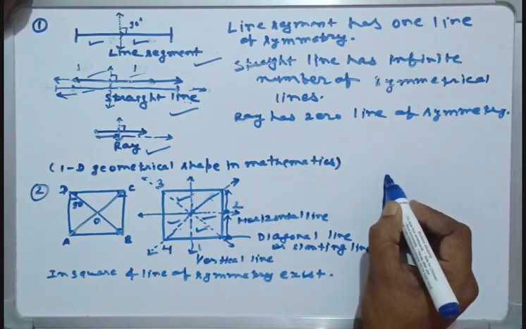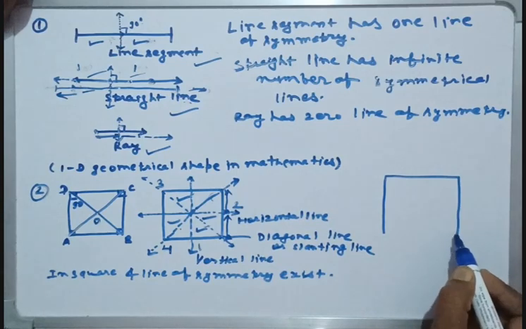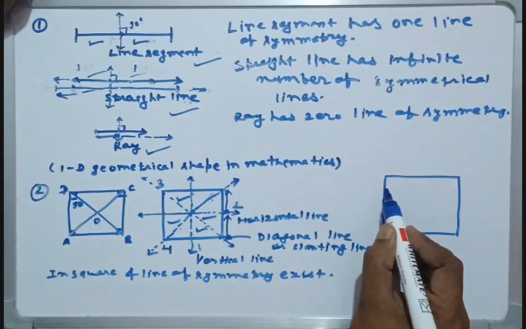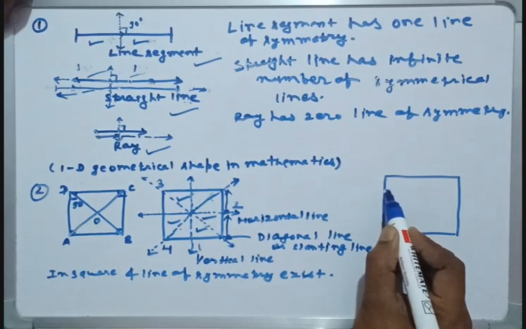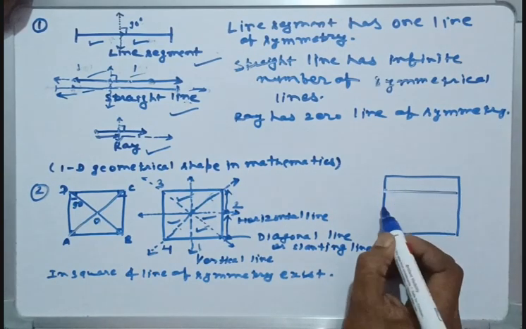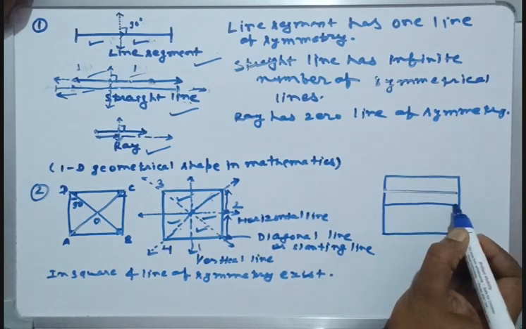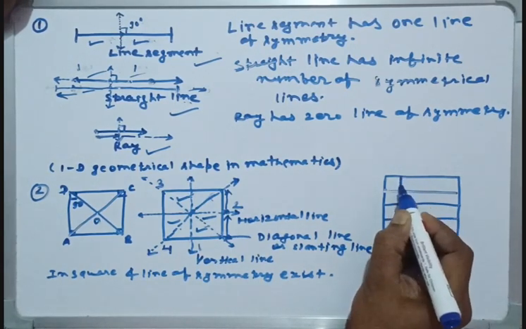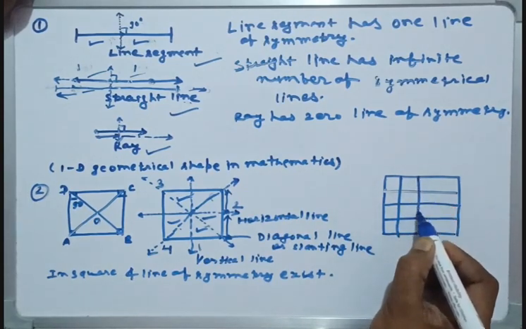Now see a question. Suppose this one is a square here. Now I divide this square into 16 squares. Okay, see, like this.